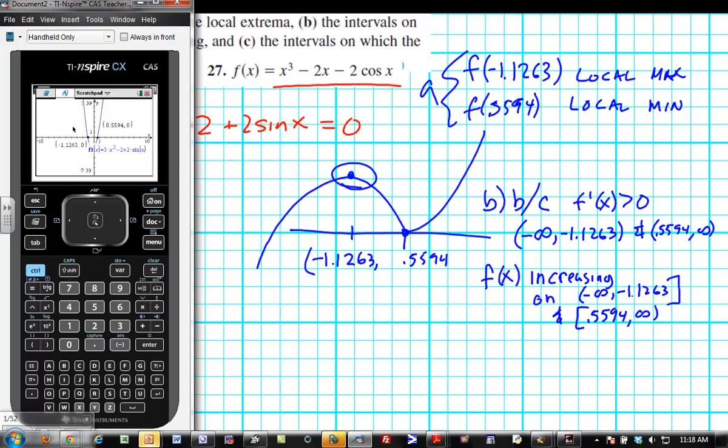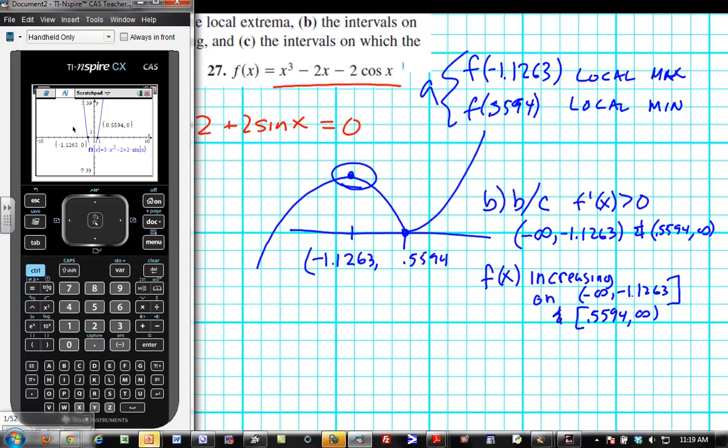And again, it's that weird thing that on the endpoints, the functions are still considered to be increasing even though their derivatives are equal to 0. And then that's part B.